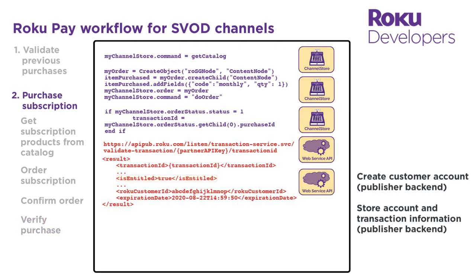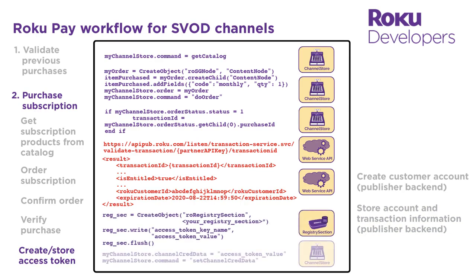In addition, a new user account is automatically created and stored in the backend with a validated transaction ID and the customer's email address, name, and user ID. Finally, a new access token is generated in your system and stored in the device registry and in the Roku cloud.